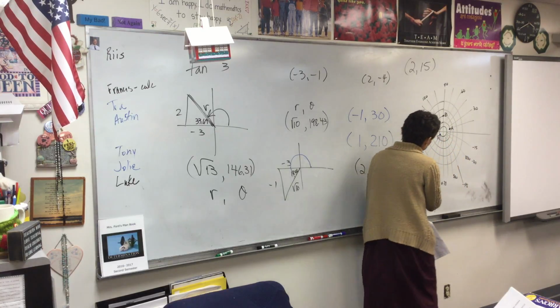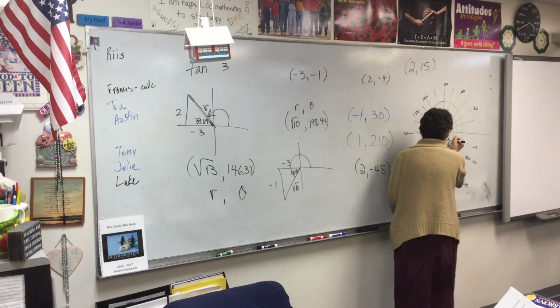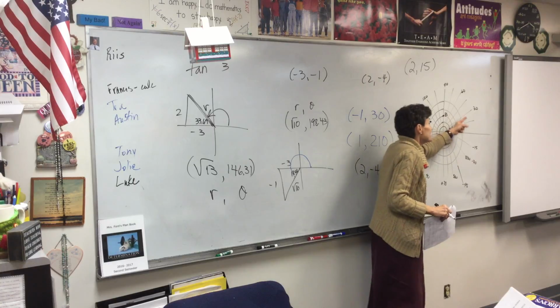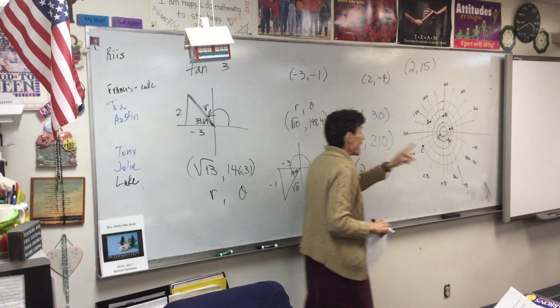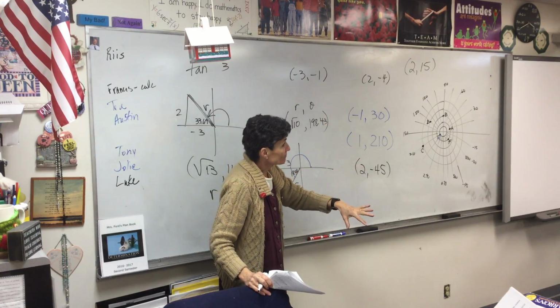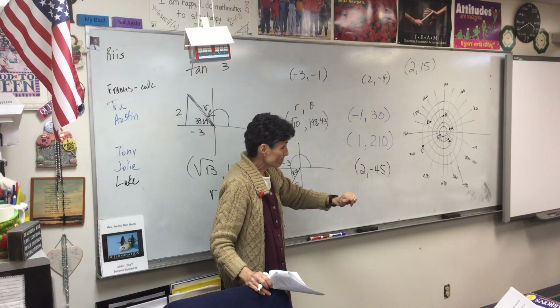So that point is on the second circle out. So this is point F right here. It's on the second circle out, down 45 degrees. A negative angle is perfectly okay. It just means you go down. Okay?